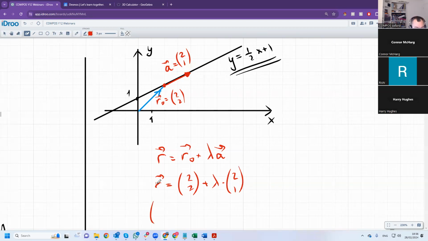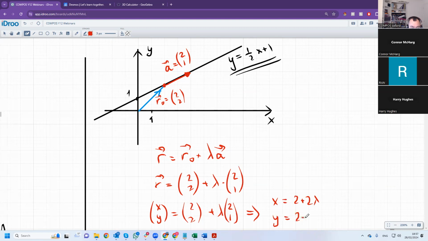And now, R is (x, y). So (x, y) is (2, 2) plus lambda (2, 1). From here, I get x is equal to 2 plus 2 lambda, and y is equal to 2 plus lambda. So I can express lambda is equal to (x minus 2) over 2, and here lambda is y minus 2.